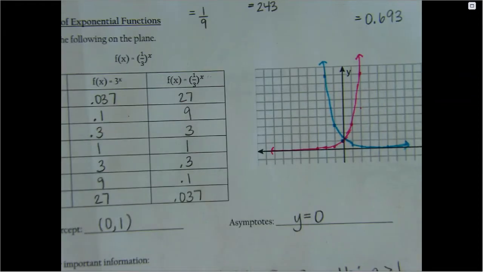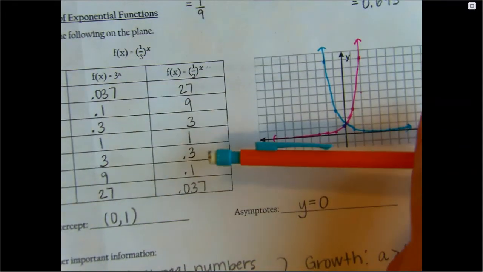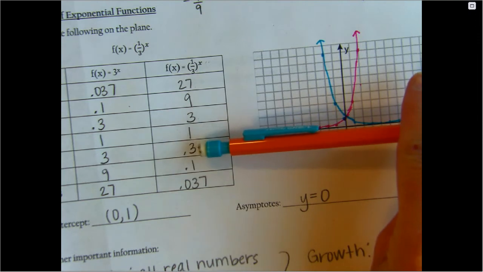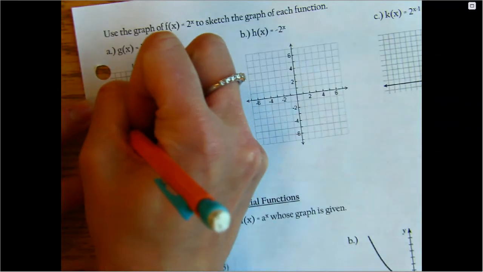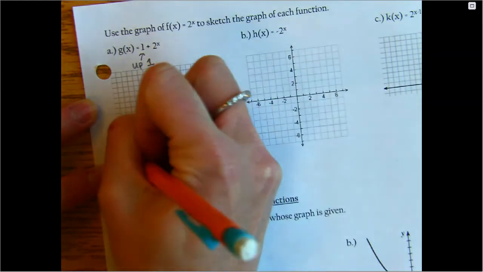So if we're shifting up, I'm taking that horizontal asymptote, which was at y equals 0 on the parent function, and shifting it up 1. So that's going to be my horizontal asymptote.